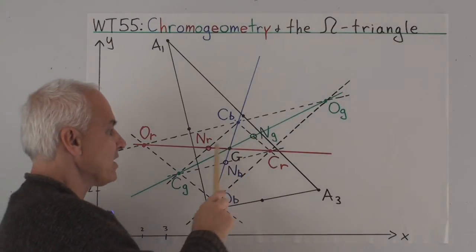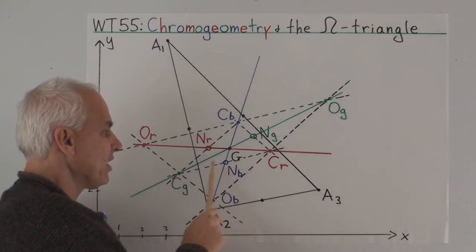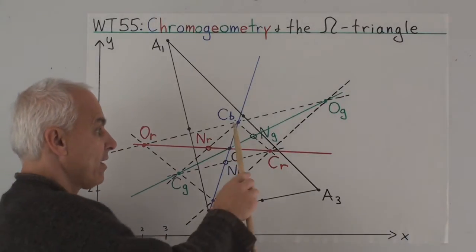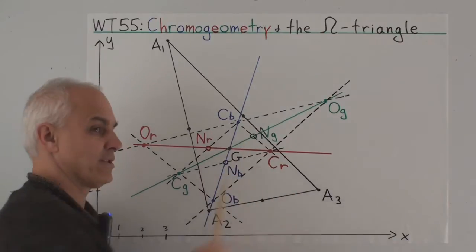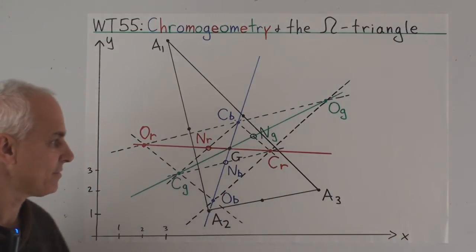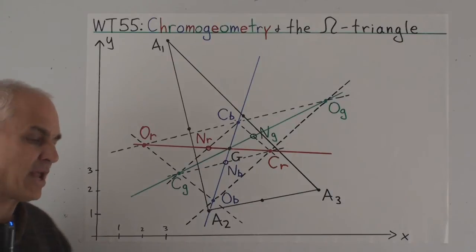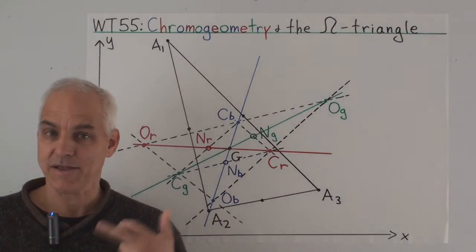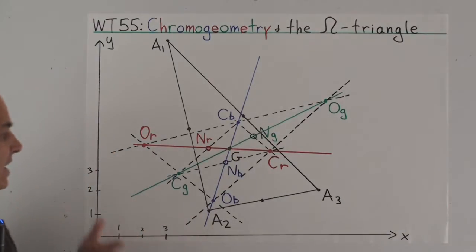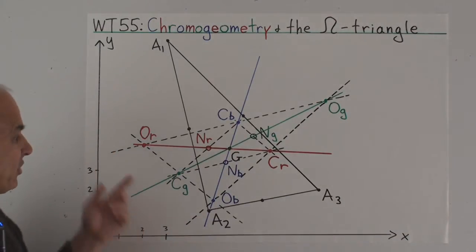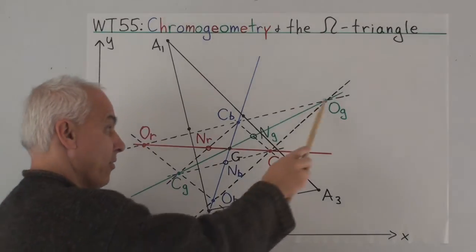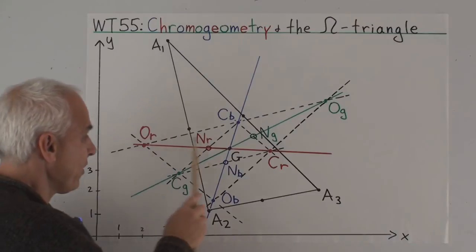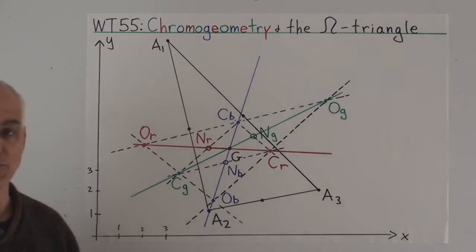So the 9-point centers are simply the intersections of the medians of the omega triangle with the lines joining the midpoints of the omega triangle. And now we see that this 2 to 1 aspect in the Euler lines that Euler discovered can be seen as a direct consequence of the fact that our omega triangle has these 3 points as its midpoints. So therefore, this to this is going to be in the ratio of 2 to 1.